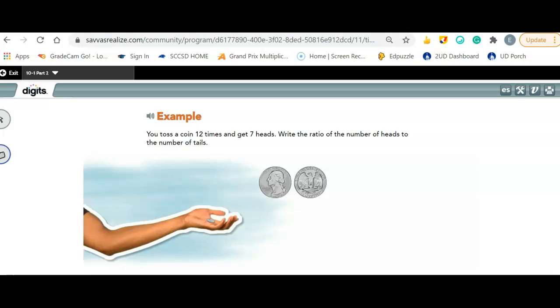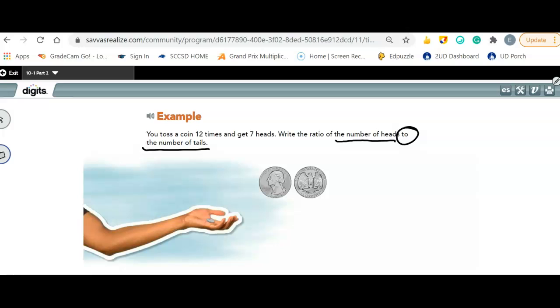If I were you, I would underline the number of heads, circle the word "to," and underline the number of tails. You can all get these problems. The biggest mistake people make is they change the order. And it's not a true ratio if you change the order. You have to give it the way it's written.